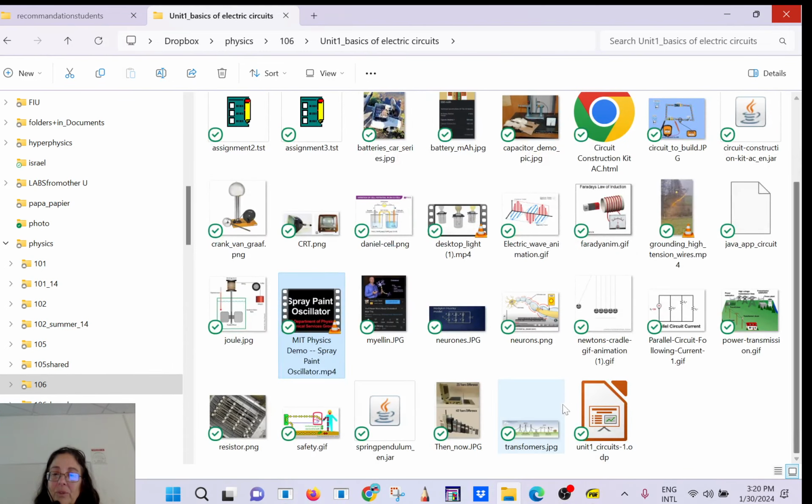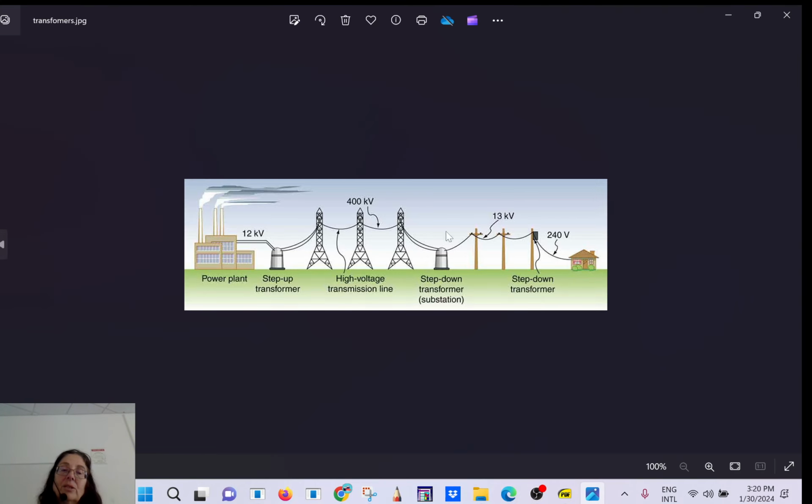Here again, electricity is produced here, and then we make it to a high voltage. So smaller current, so we don't lose too much heat. And then you have what looks like a cylinder that you can see. It's going to bring back the voltage to 240 volt.